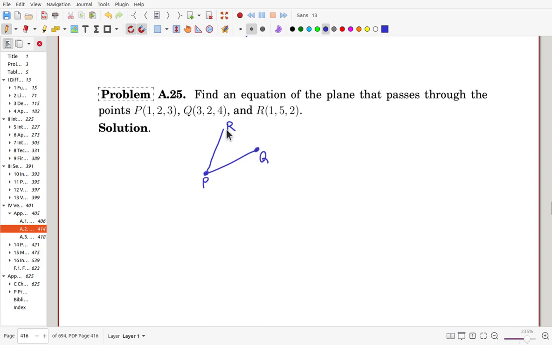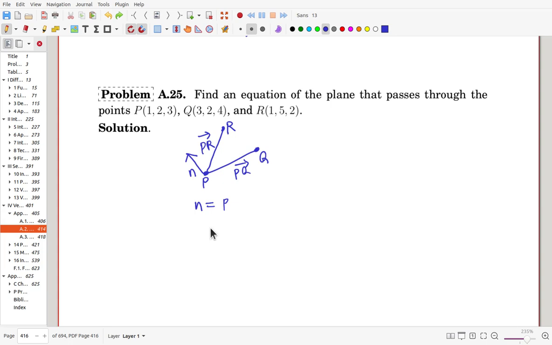Now we have to find the normal vector, and to find this one, we may think in this way. We think of PQ, the vector, and PR, another vector. Then if we take the cross product, we can get a normal vector, right? So that we may get n to be PQ cross PR. Okay, let's try.